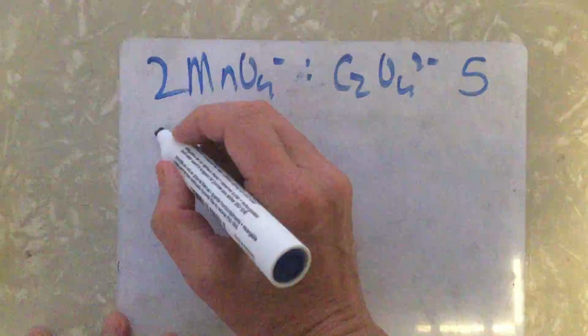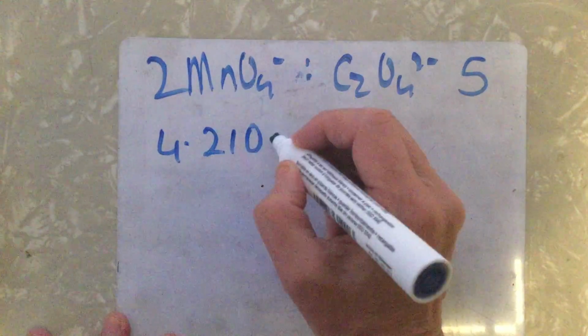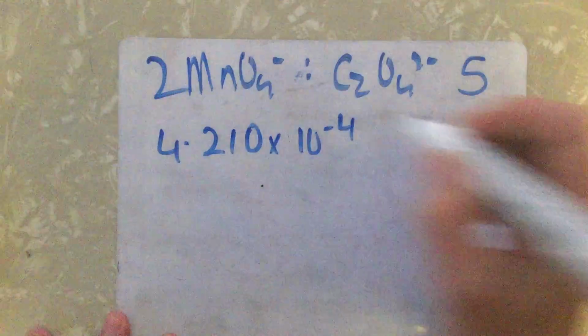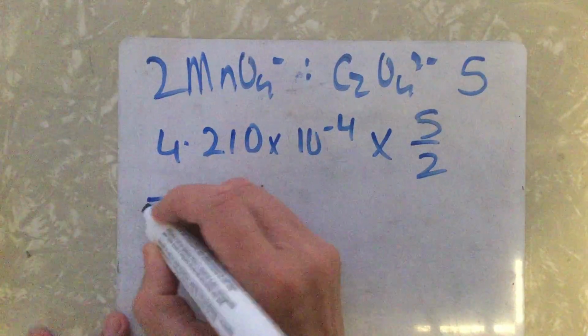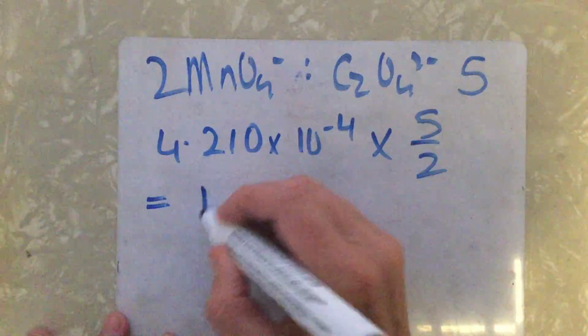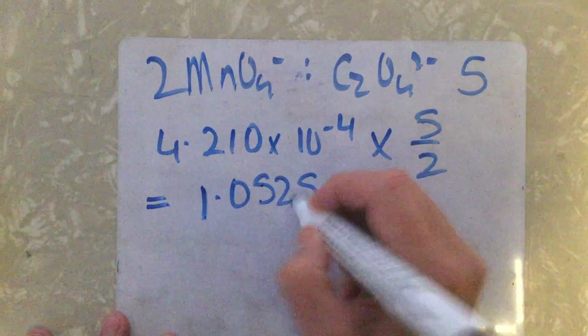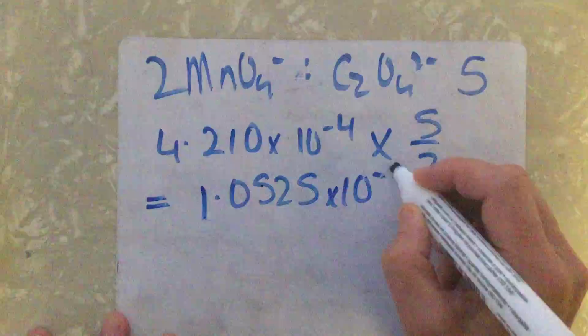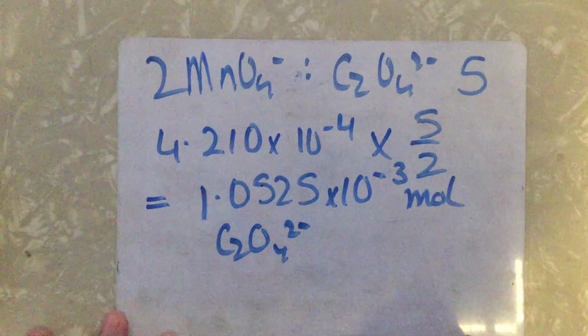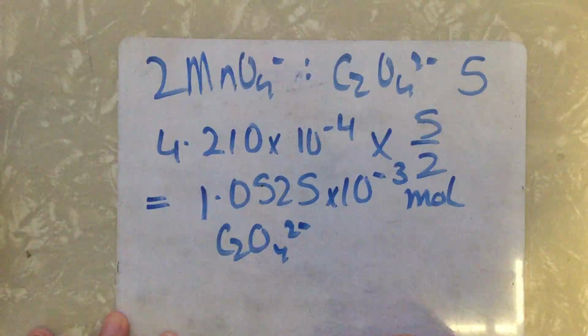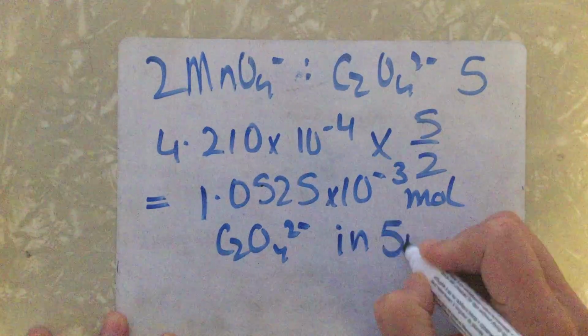So we take our 4.210 times 10 to the minus 4 moles of MnO4-, multiply that by 5 over 2, and that will give us 1.0525 times 10 to the minus 3 moles of C2O4 2-. Looking back at the question, that is in 5 mils.